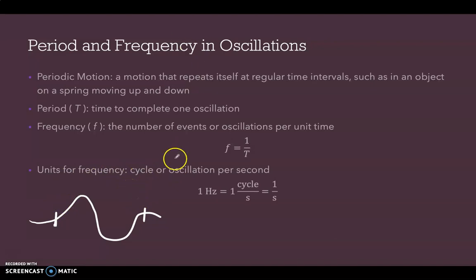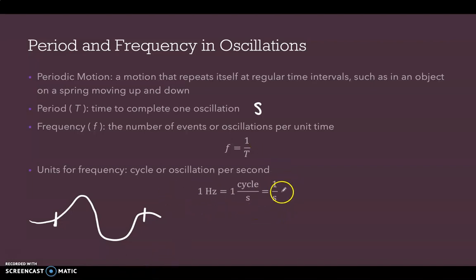To connect these two, there is this formula where frequency f equals 1 over T, the period. The unit for period is seconds, and the unit for frequency is cycles or oscillations per second.